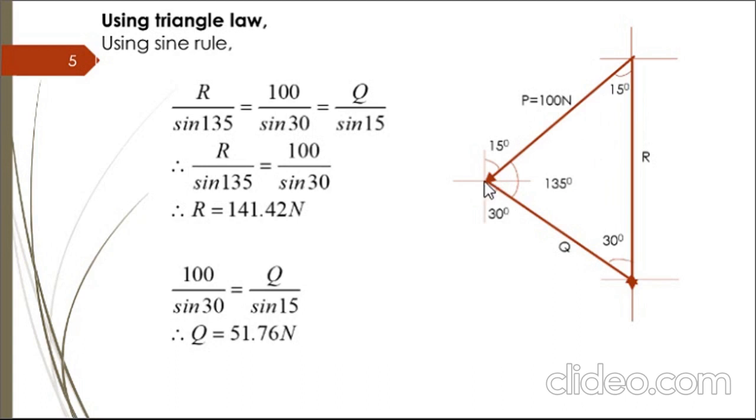Wherever the force P ends, from that point we have to draw the second force Q, again making an angle of 30 degrees with respect to vertical, and joining the starting point of the first to the end point of the second by means of a line, we call it the resultant force R. As it is given, R is a vertical force, so this line will be vertical in nature. Then after completing the triangle, let's determine the internal angles. So here this angle is 15 degrees, the angle made by P with respect to vertical.